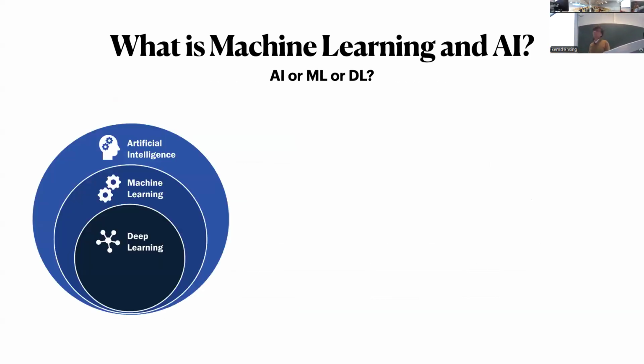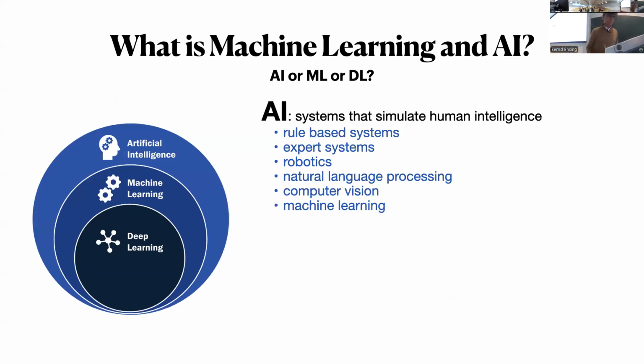Now, people always talk about AI or machine learning or deep learning. What's the difference? Well, there is a bit of a hierarchical difference because AI is more than machine learning. It is also computer vision, natural language processing, robotics, etc. In general, it is AI, artificial intelligence, systems that simulate human intelligence.